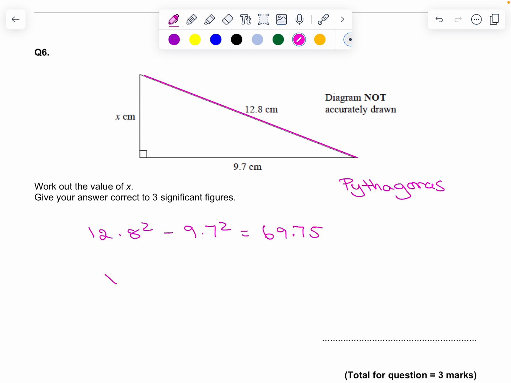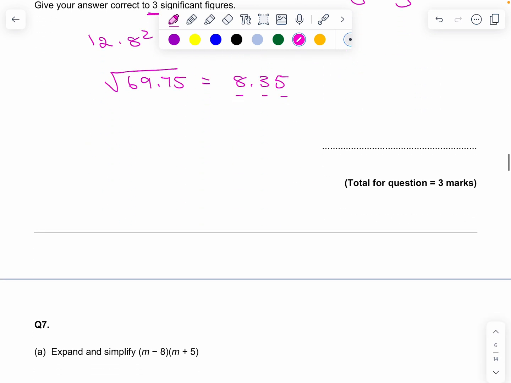And remember, you always have to square root your answer. So square root 69.75, and that gives you 8.35 to 3 significant figures. Okay, so 3 significant figures. Remember, you want 1, 2, 3 numbers starting from the first non-zero number. So 8.35.